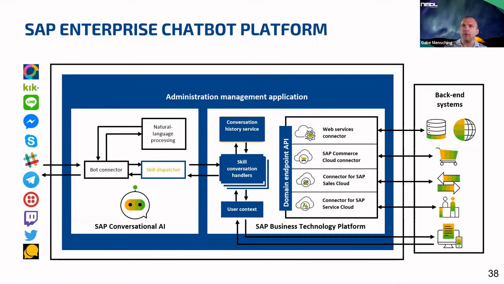And then you have bot connectors connected to your different platforms. So we can interface this directly with S4HANA and have chatbots in your Fiori Launchpad that'll help your end users answer important questions. Next slide, please.